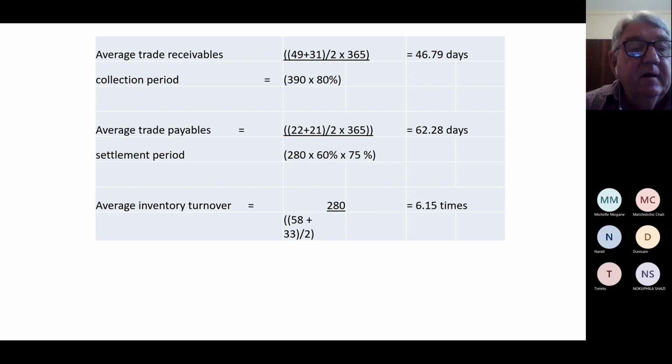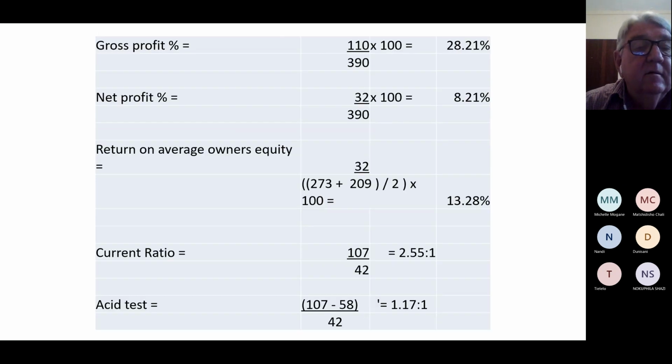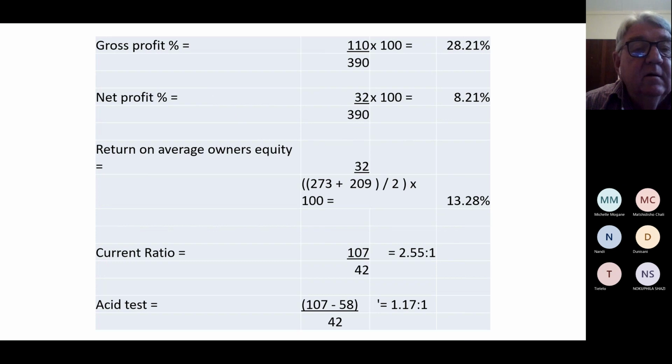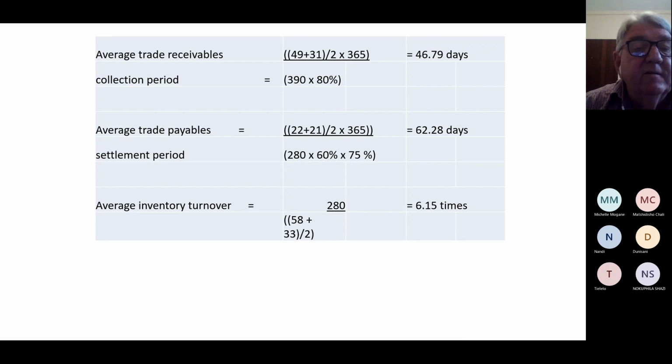If we then go to the next one, our average trade payables, we go to our balance sheet. Trade payables, it's cut off there. The trade payables are 22 and 21 the previous year. So 22 plus 21 divided by 2 times 365.